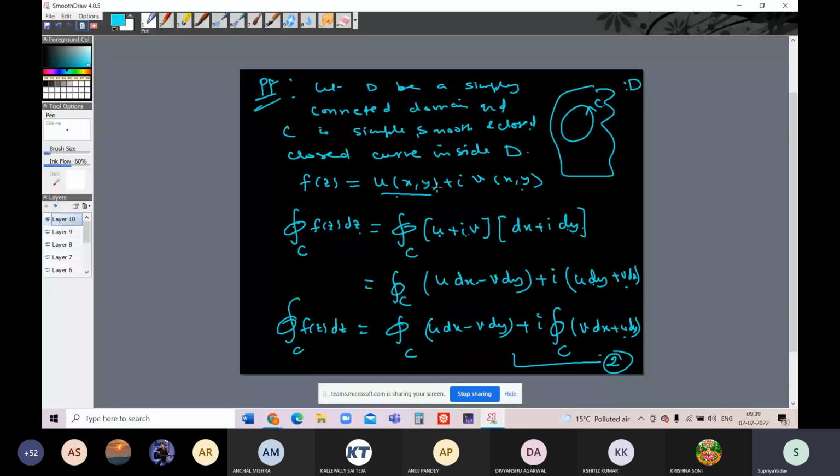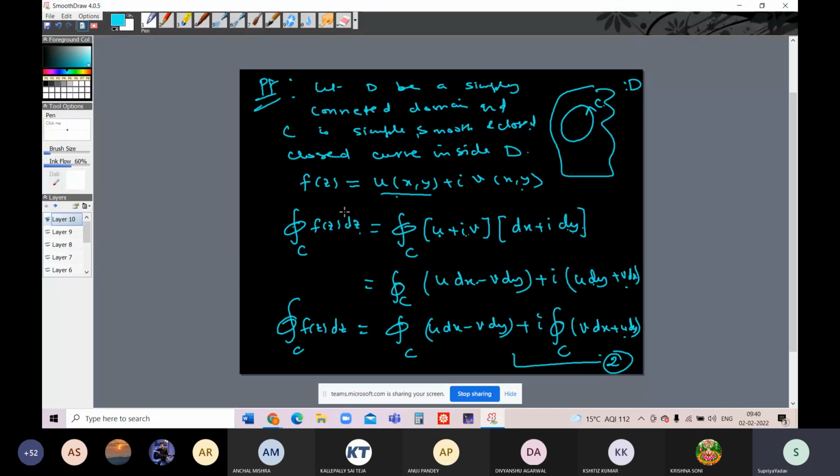And if you use the CR equations, you can also represent f'(z) as partial derivatives of u and v with respect to y. So if f'(z) is continuous, its real and imaginary parts, which are the partial derivatives of u and v, must be continuous.